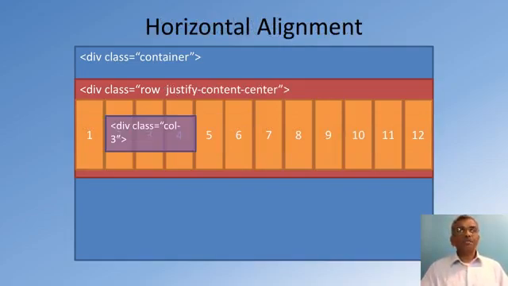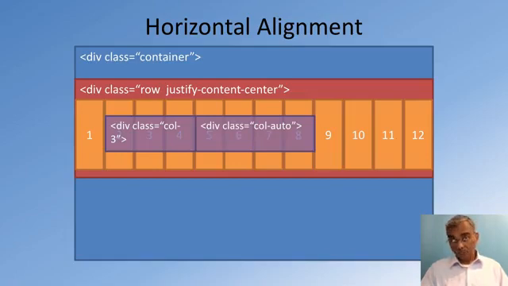Say you have 3 columns, and the first one you specify as div class col-3, then the middle one you say div class col-auto. I'm going to come back to that col-auto in a short while, and the right one says div class col-3. So in this case, what we are specifying is that the leftmost and the rightmost pieces of content will occupy 3 columns each.